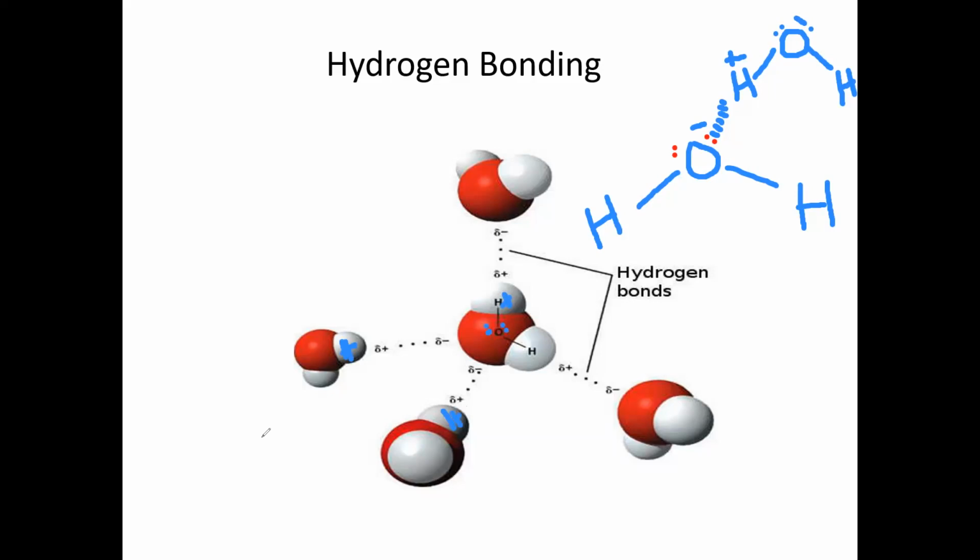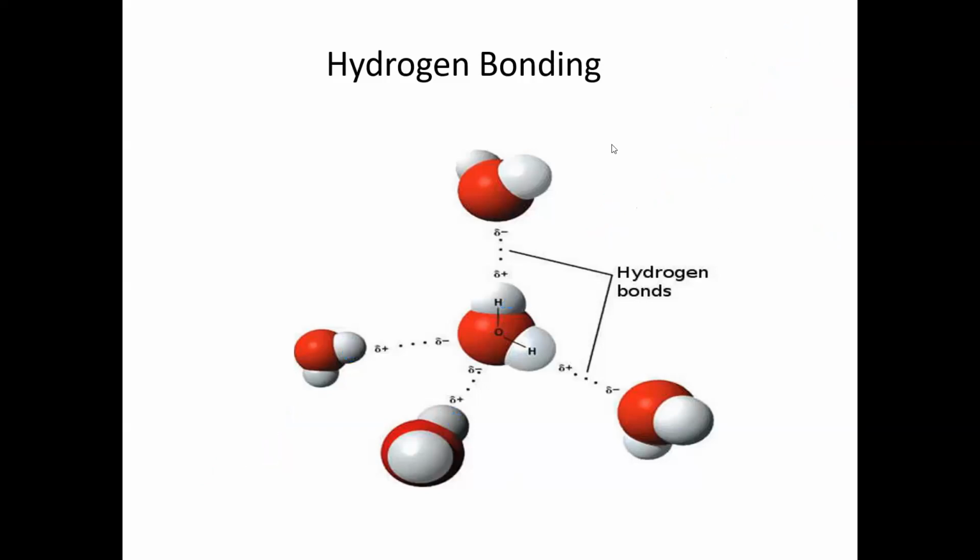If there's another water molecule here, there'll be a hydrogen bond formed between this hydrogen and the oxygen that is here. So we now have a giant network of hydrogen bonds in the structure of water.